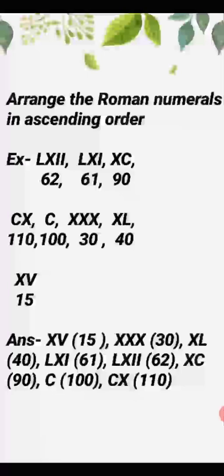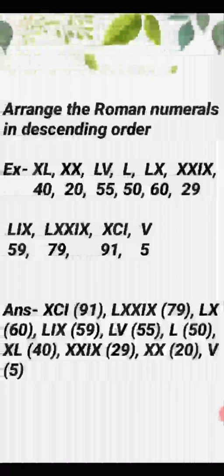Moving on, 30, which is bigger than 15. Then 40. Then 61. Then 62, then 90, then 100, and the last is 110. So this is arranging the numbers from the smallest to largest. Clear? Let's come to another concept.